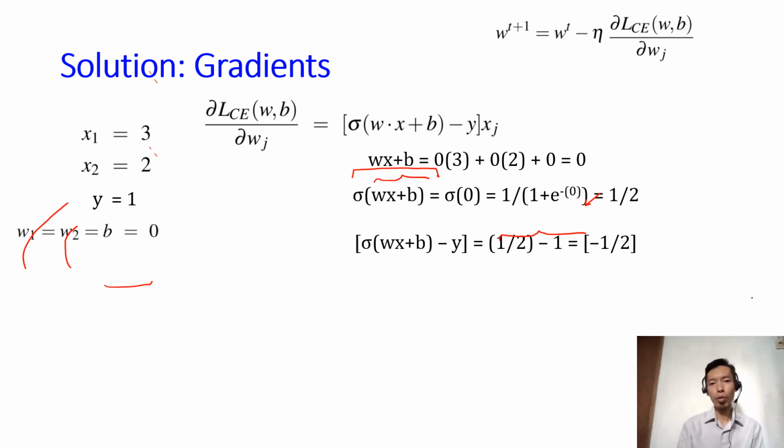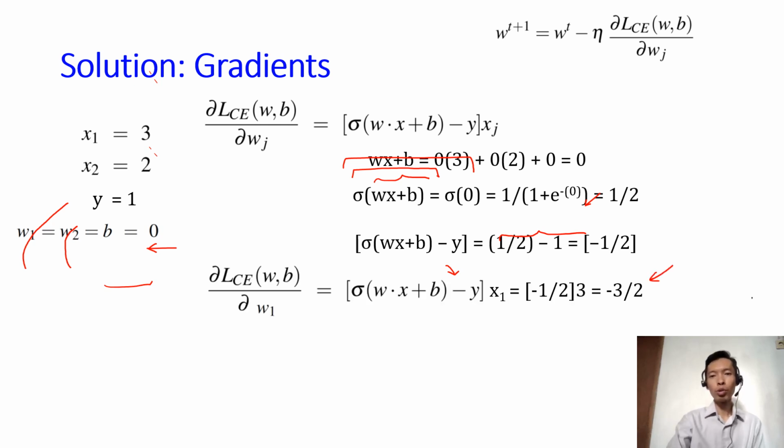And then y is already known from the problem, y equals 1. So just plug in y here. 1 half minus 1 is minus 1 over 2. So we have taken care of this part. This is minus 1 over 2. And then it depends on which W we would like to update.